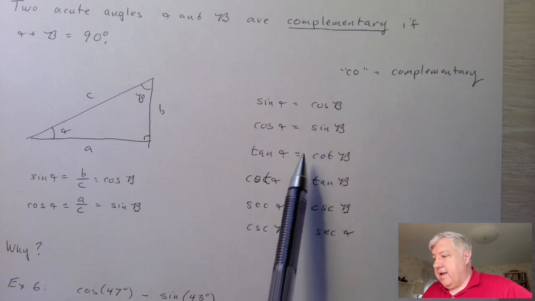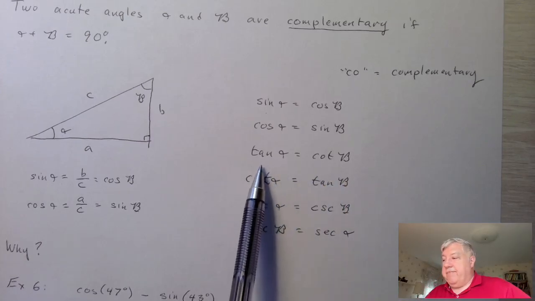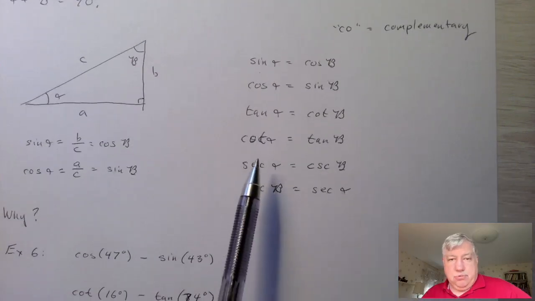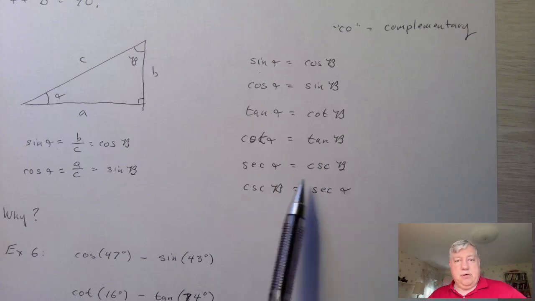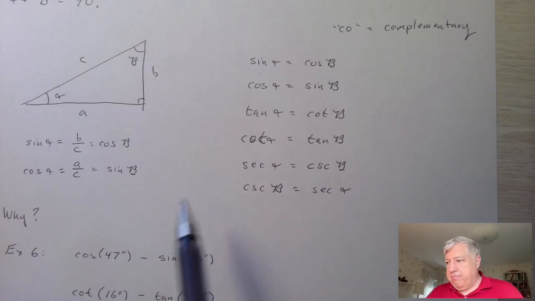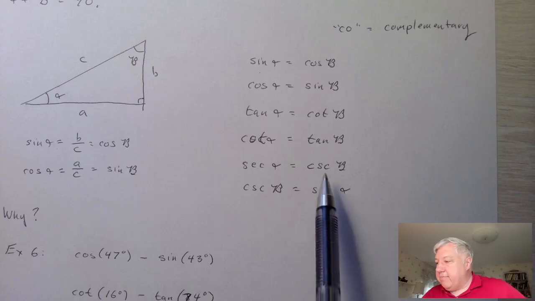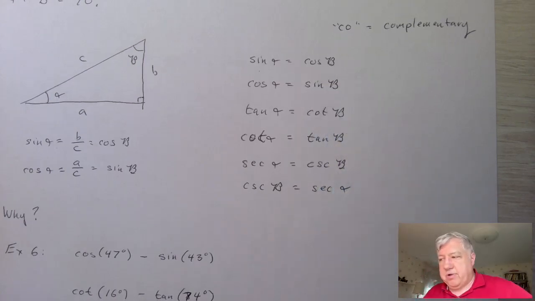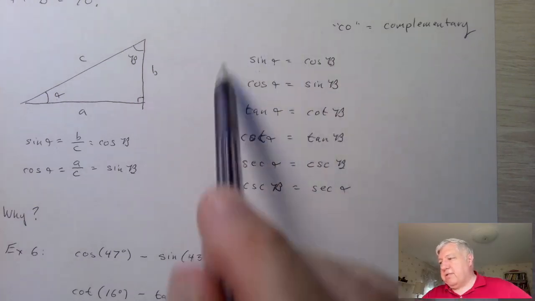Similarly, you can check that the tangent of alpha has to be equal to the cotangent of beta, and the secant of alpha is equal to the cosecant of beta. And this just goes back to knowing the ratios of the sides. So that's what the CO stands for. Where did the cosine come from? Where did the cotangent or the cosecant? Well, it's from complementary, and that's because it satisfies these things.